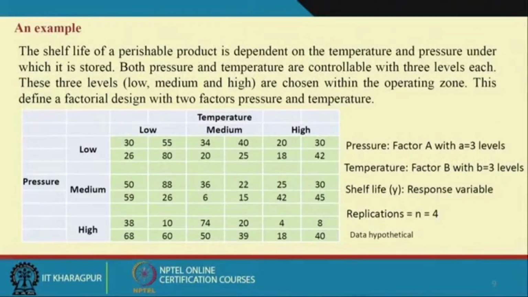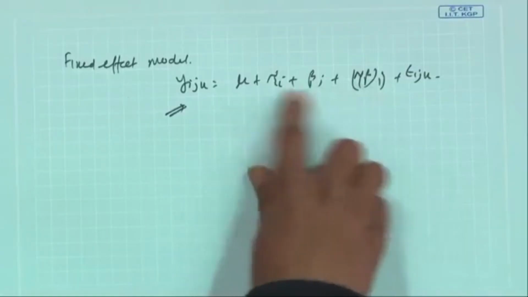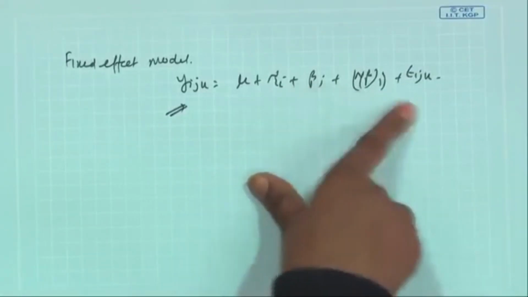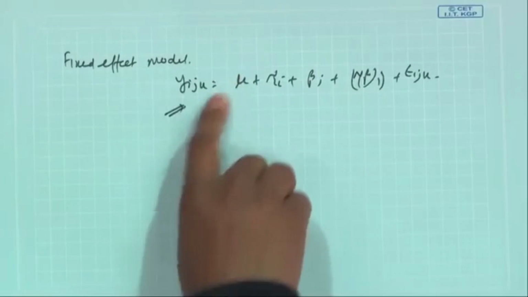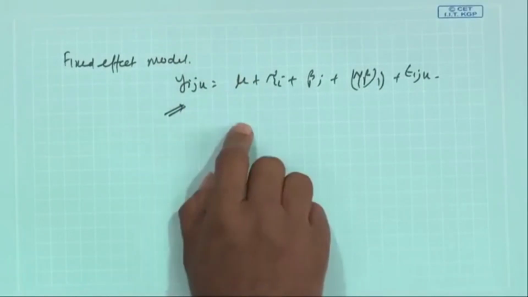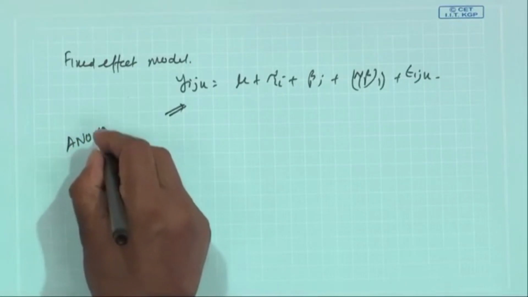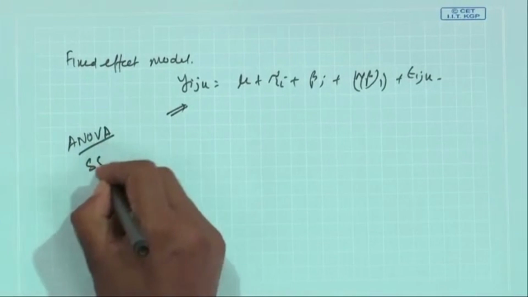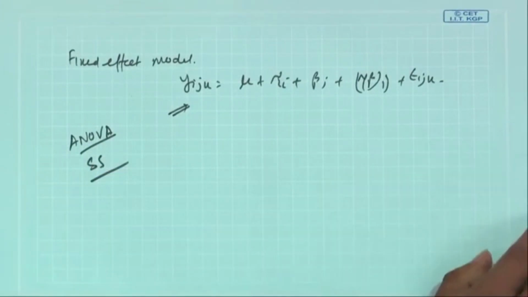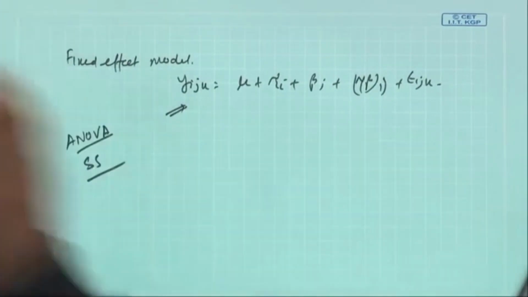Primarily we are interested in the tau i parameters, whether they are really contributing in explaining the variability of Yi or not, that is the issue. So, we are using ANOVA, and ANOVA means partitioning sums of squares. So, let us compute this.